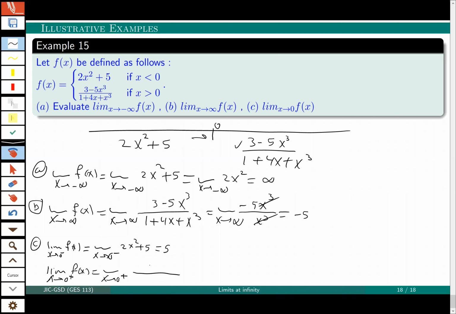So it is 3 minus 5x cubed over 1 plus 4x plus x cubed. If you put 0, that will be 3. If you put 0, that will be 1. So that is a 3. Since they are not equal, we say the limit when x goes to 0 for the function f of x does not exist. This will end up our section, limits with the infinite number. Thank you for listening.